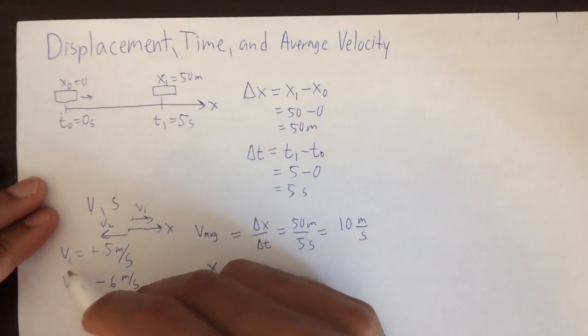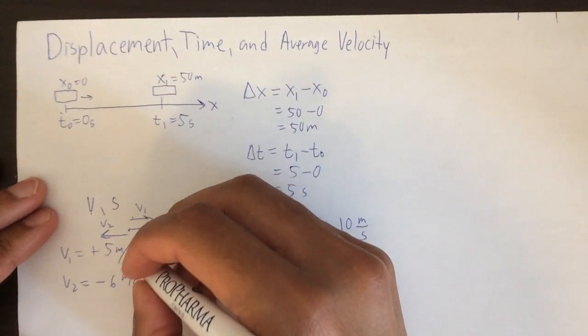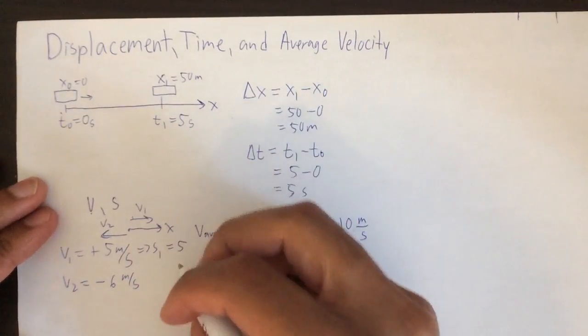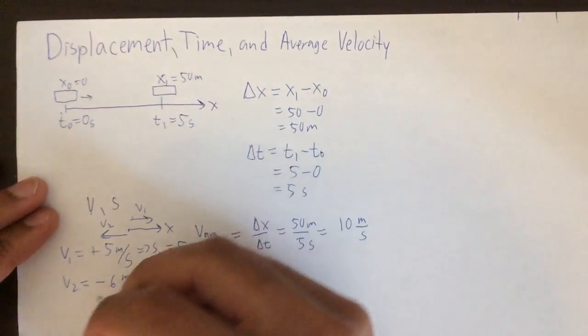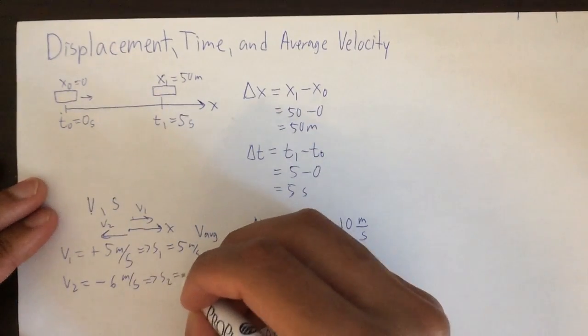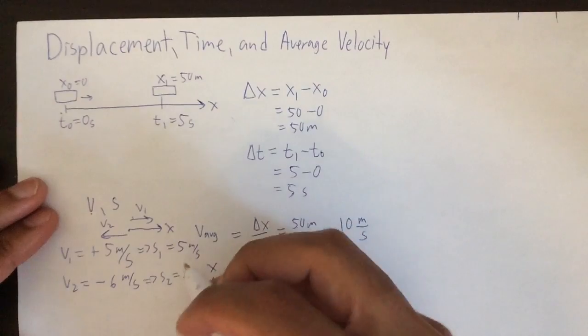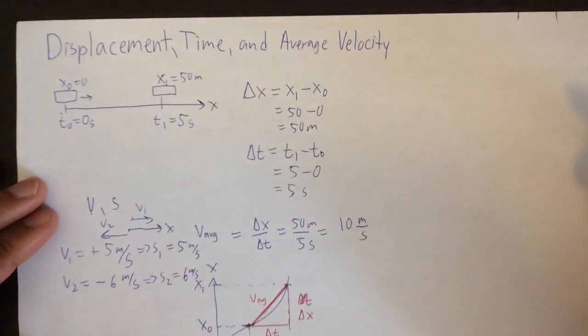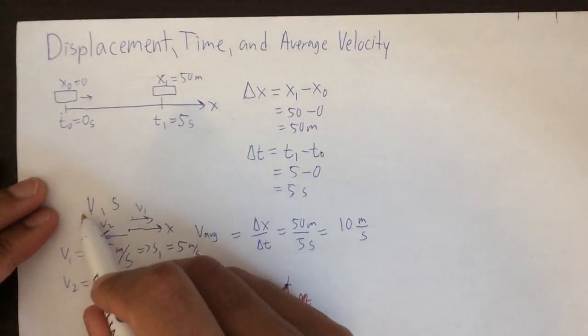So the speed of v1, which we're going to call s1, is equal to 5 meters per second, and the speed of v2, called s2, is equal to 6 meters per second. So these are both positive, they have no direction, they're just the magnitude of these velocity vectors. So that's the difference between velocity and speed.